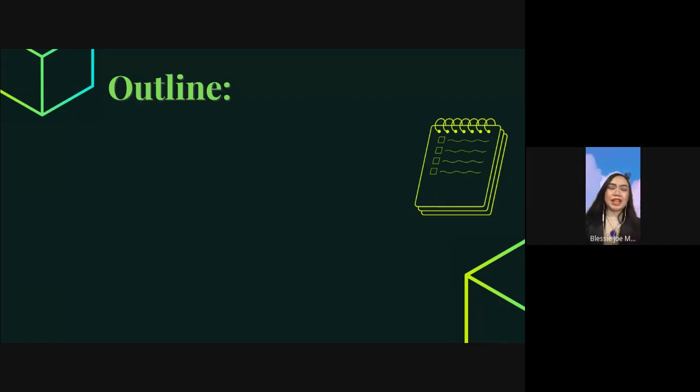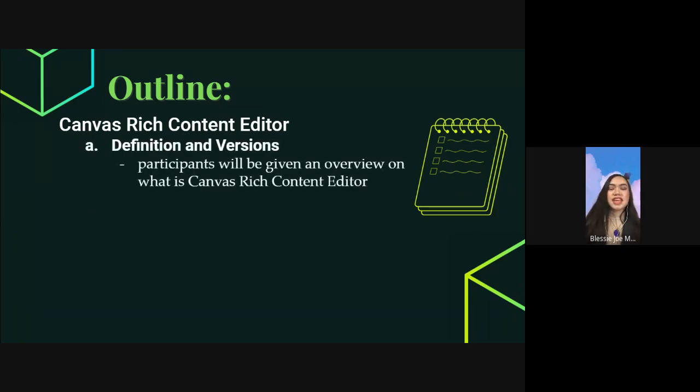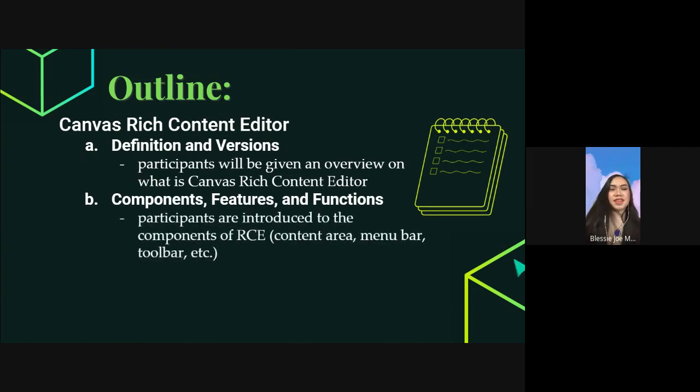Now to outline the things we are expected to do this afternoon, here's a quick outline of the flow of our presentation. First, we will get to know about the Canvas Rich Content Editor, its definition and its different versions. Here, you will be given an overview of what the Canvas Rich Content Editor is. Next, the components, features, and functions of the RCE.